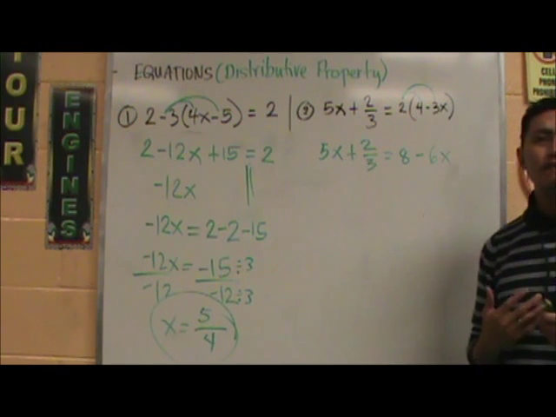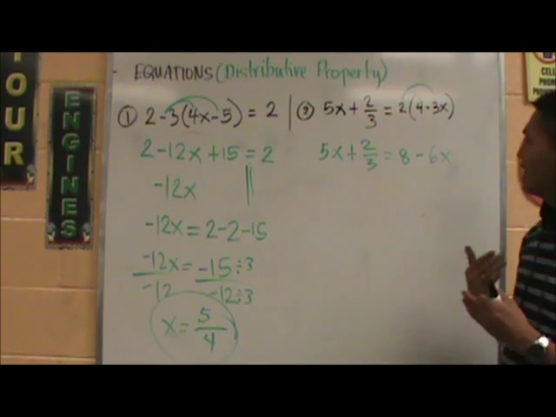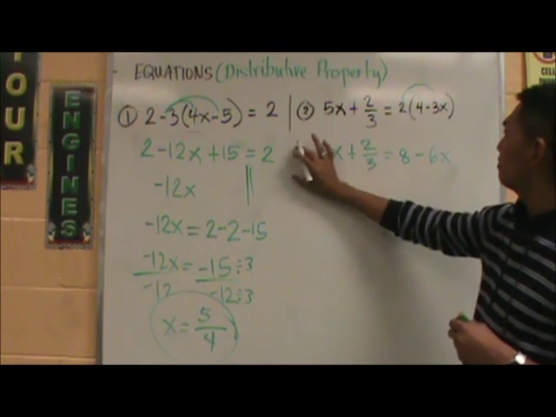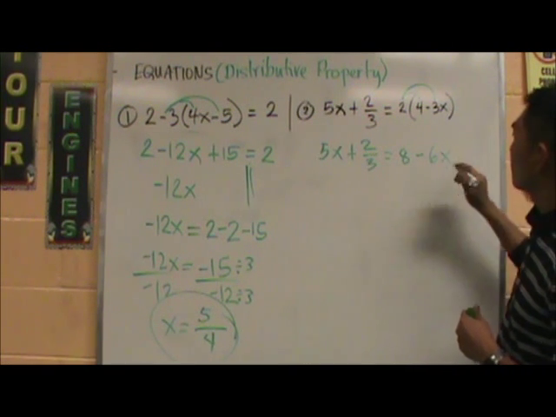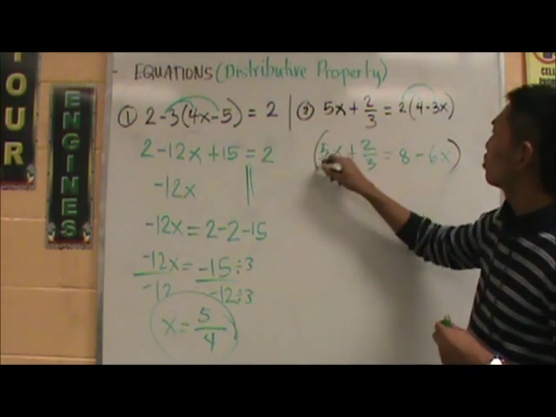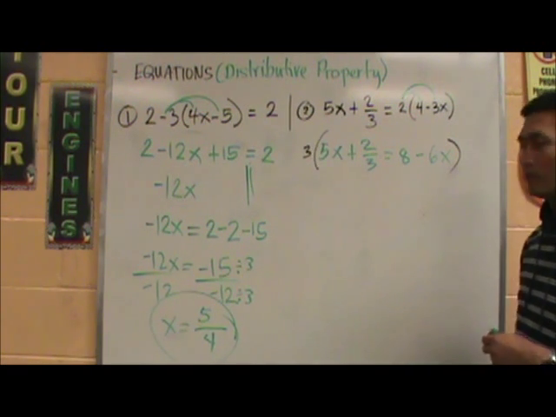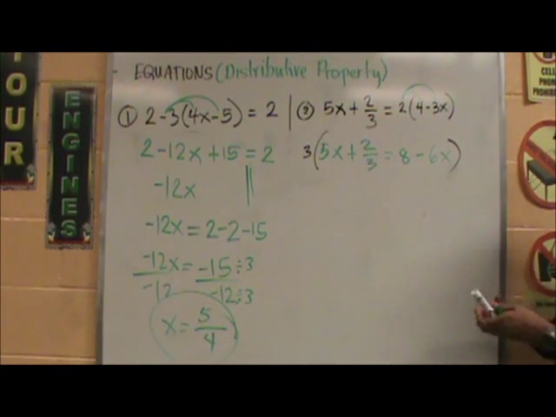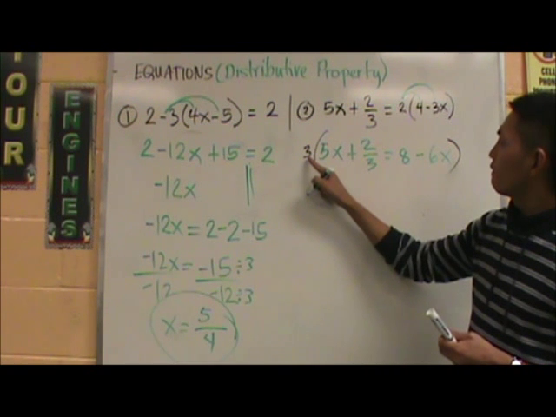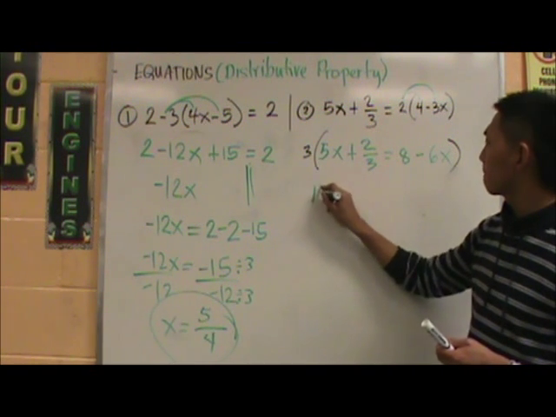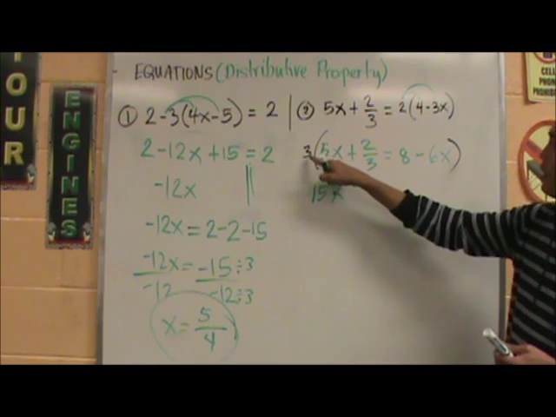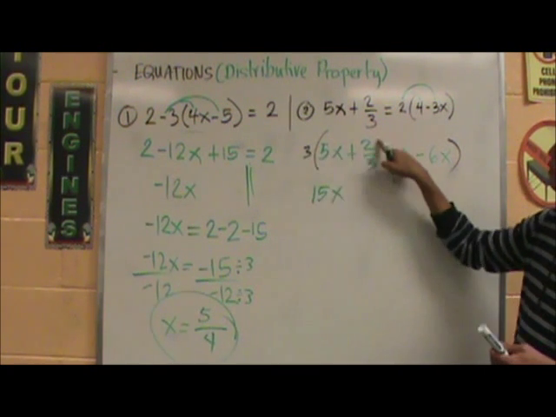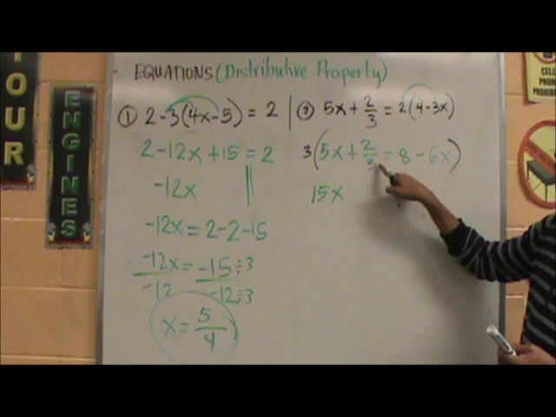Now that I'm done with the right side, I can go ahead and get rid of that 3. Because I hate fractions, to get rid of the 3, I'm going to multiply everything by 3. The denominator is 3. So 3 times 2 is 6. 6 divided by 3 is 2.